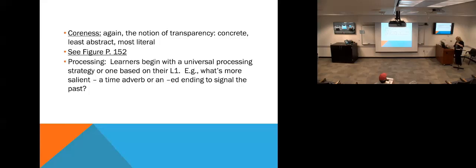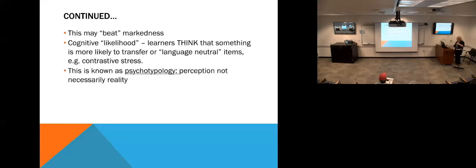A really nice example for that is the idea of contrastive stress. Contrastive stress, this idea of it's a red umbrella, not a blue one, is so innate in English speakers. As I say, it's part of the intonation that is potentially developed in utero.